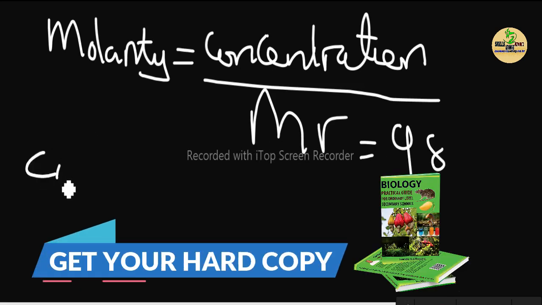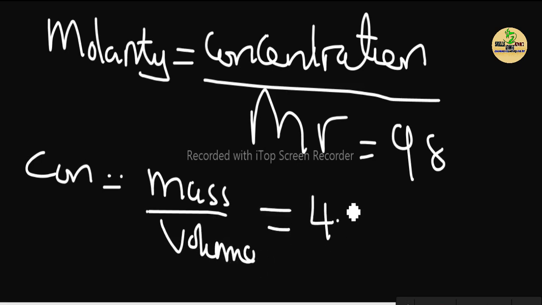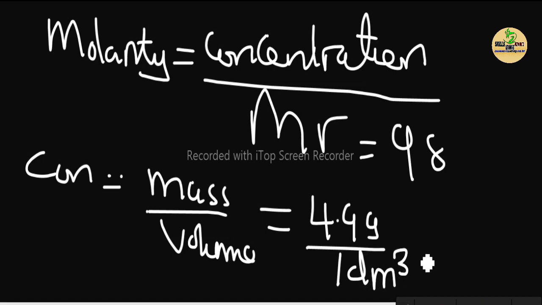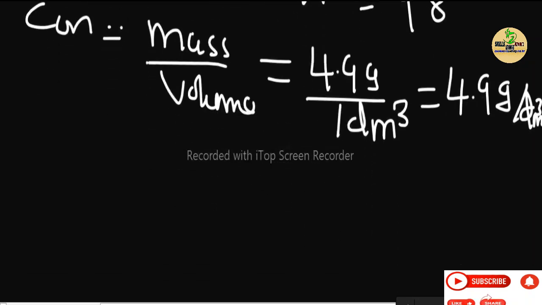Concentration, mass over volume, ambayo ni 4.9 over 1 decimeter cube, which is equal to the same 4.9 gram per decimeter cube. That is our concentration.